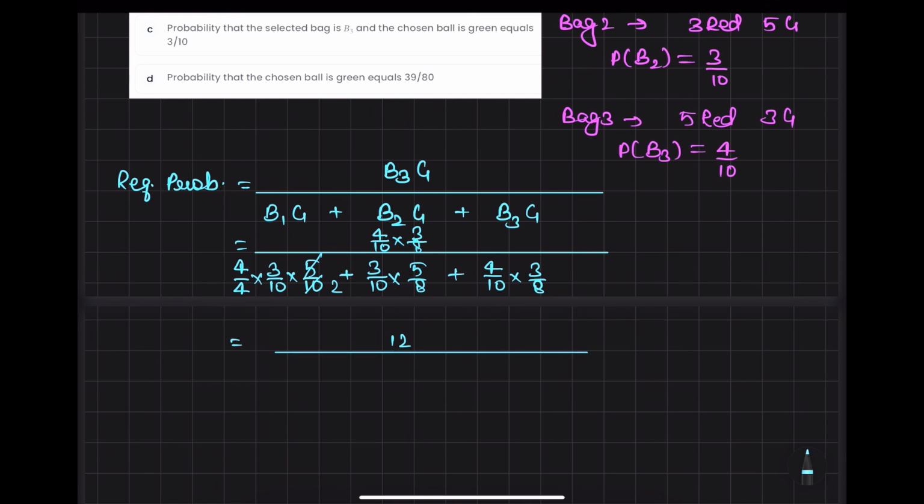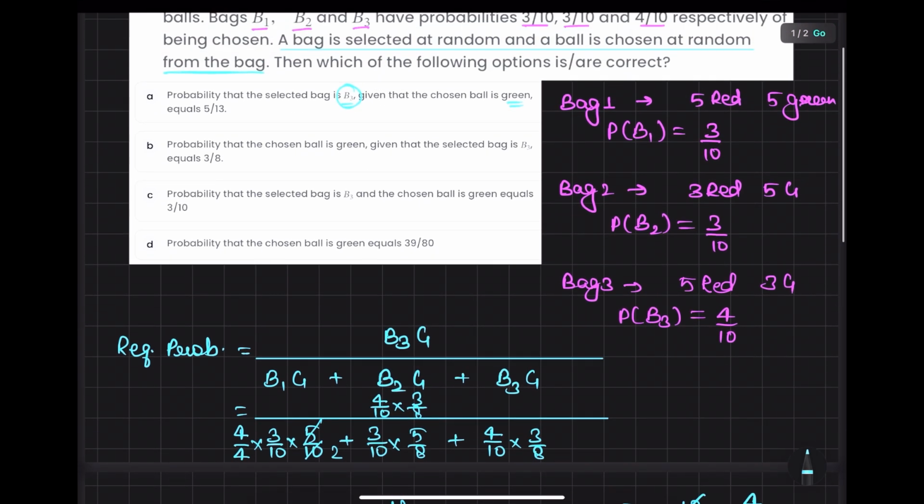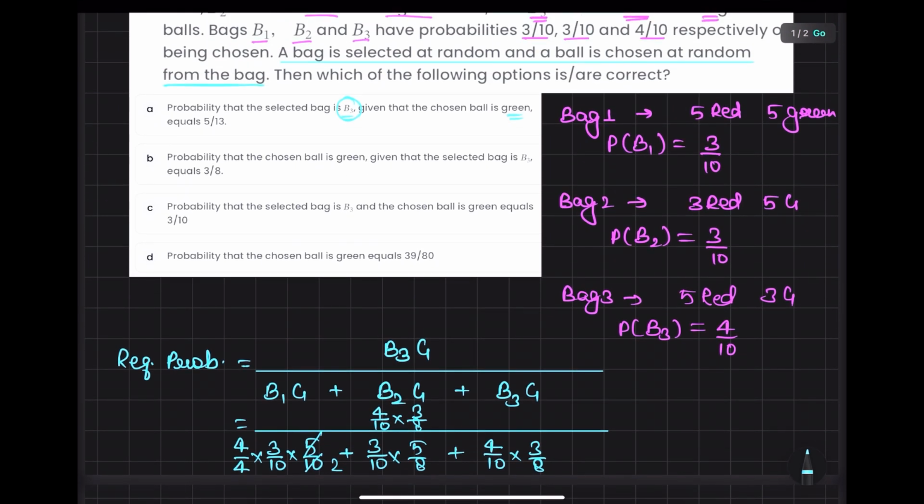So it is 12, then we have 15, then we have 12. So it is 9 and 3, 39. So we have 4 by 13. So the answer is 4 by 13, but it is given as 5 by 13. So option A is wrong.